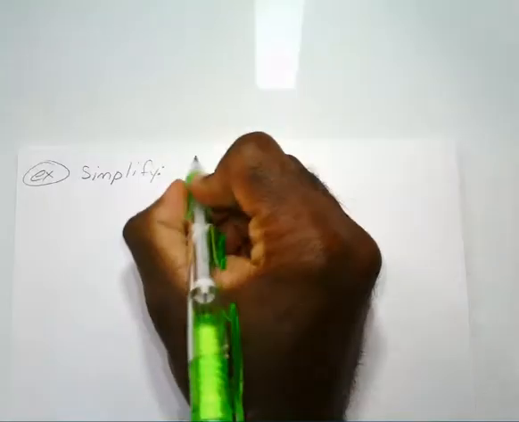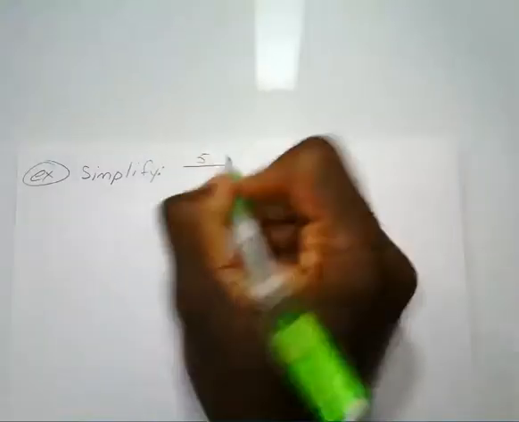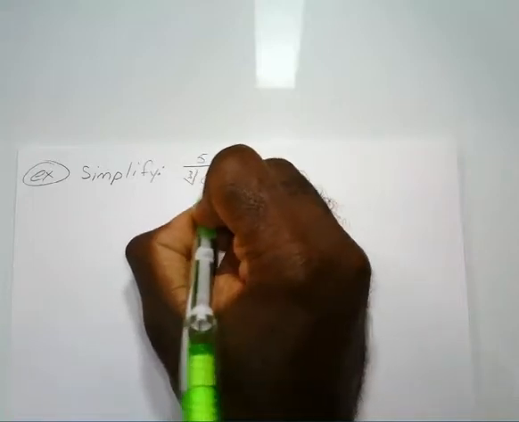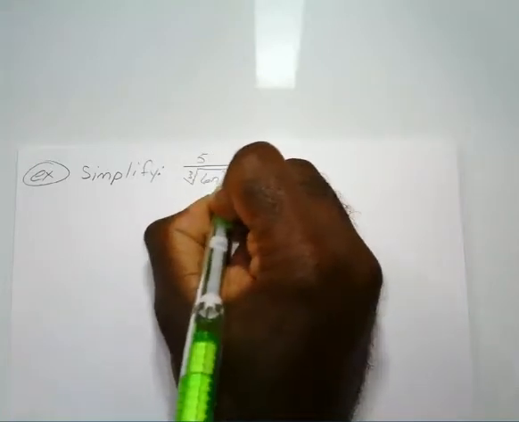Okay, so for example, what if we wanted to simplify say 5 over the cube root of 6n squared?